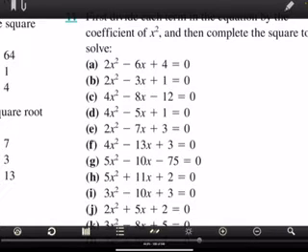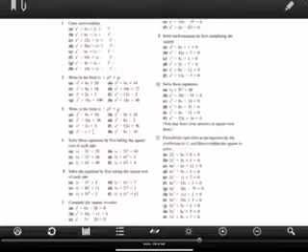And they say sketch this particular one. Many things. When completing the square, completing the square goes differently.